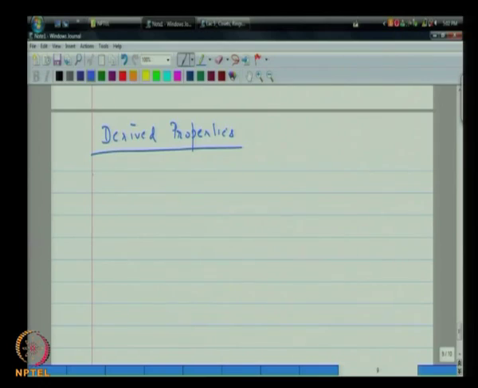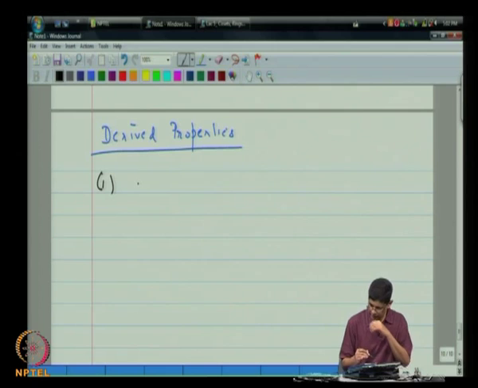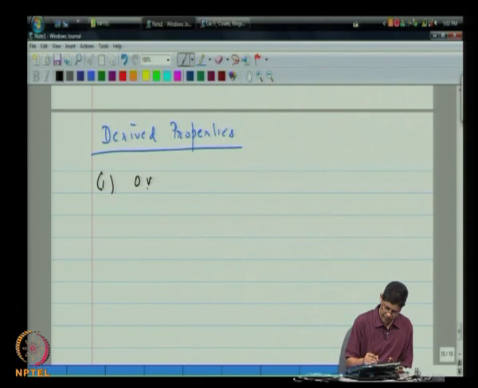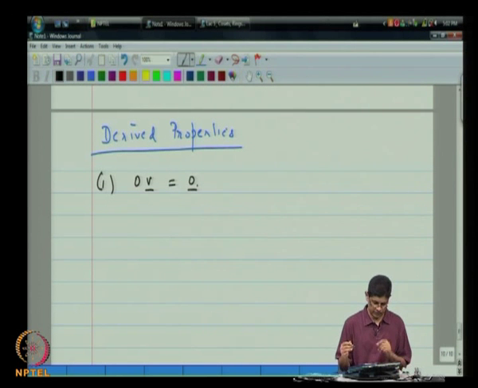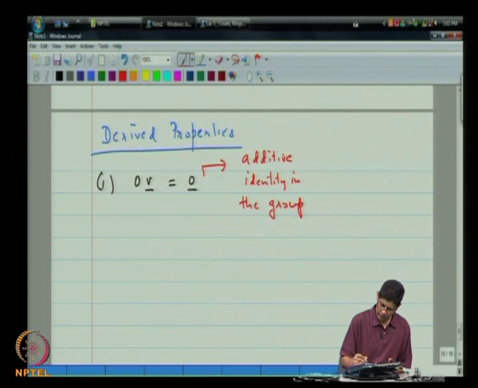So, one of the derived properties states that if you take 0 and multiply a vector with it, you will get the 0 vector. Okay. So, what does 0 here mean? This 0 is the additive identity in the group V plus.